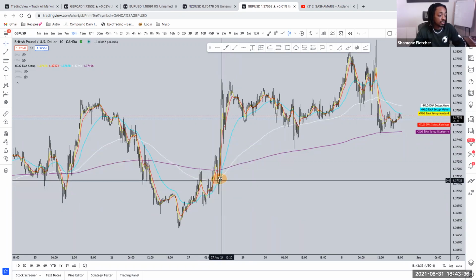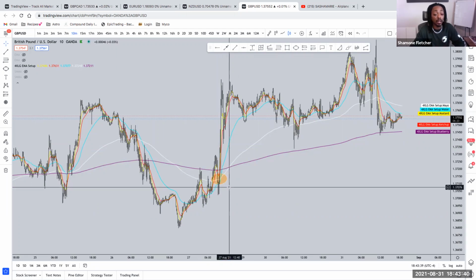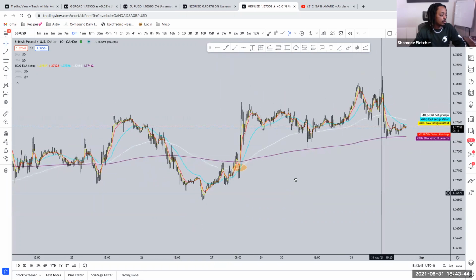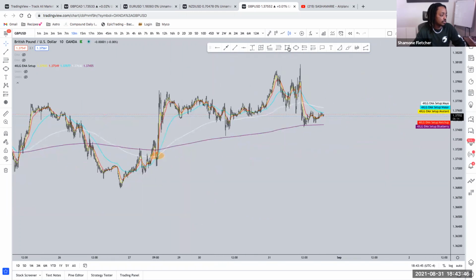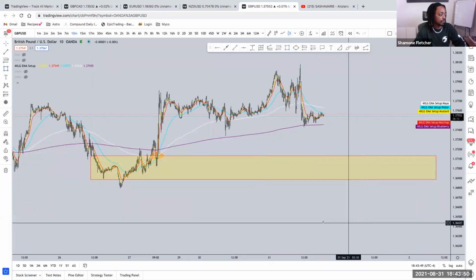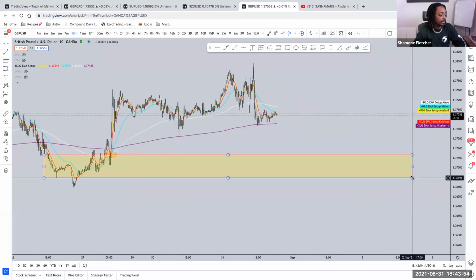What this also confirms for me is that the low has been locked, meaning the low of price, the market will not go any lower than this zone. Any retest, anything pulling down here is a retest.